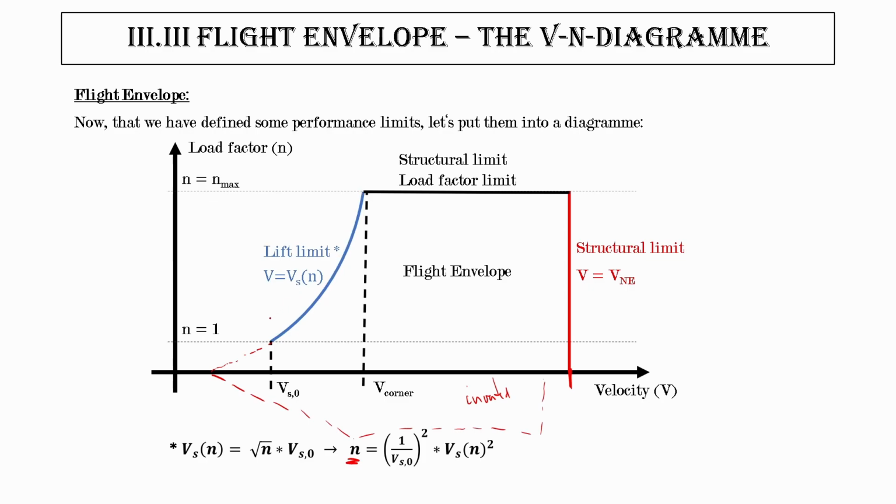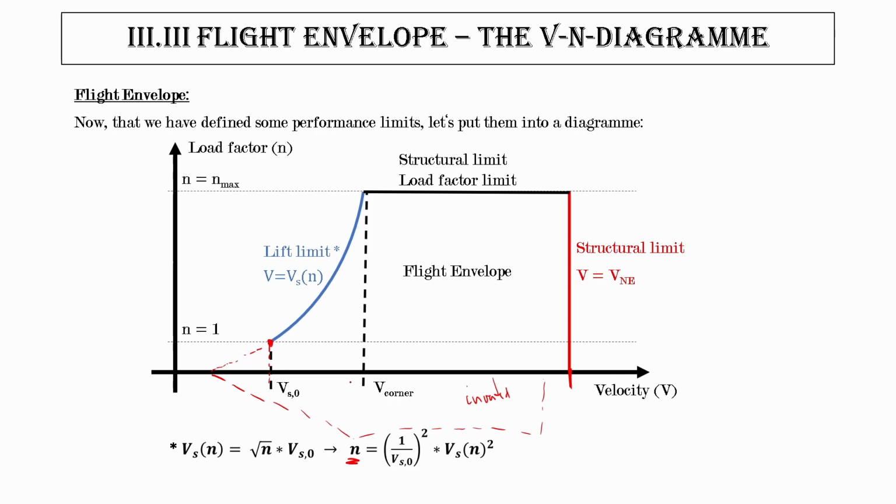Important is that this is our lift limit at 1G, or load factor 1. Obviously we will find our stall speed in straight and level flight. Below that, obviously the plane does not fly. It basically falls to the ground.